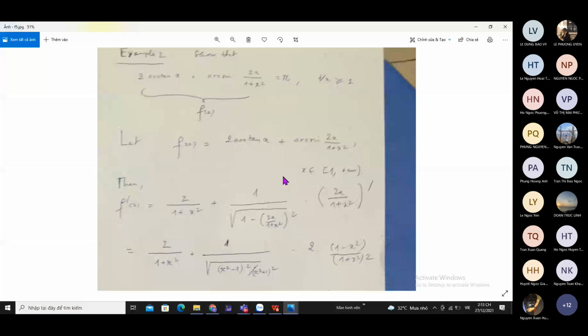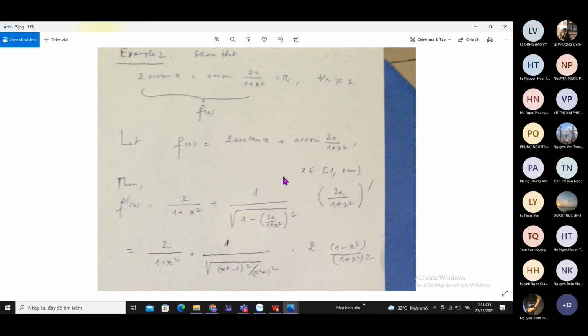Okay, now we want to show that 2 tan inverse of x, I mean 2 arctan of x, plus sine inverse of 2x over 1 plus x squared equals pi for every x greater than or equal to 1. All right, how to prove it?